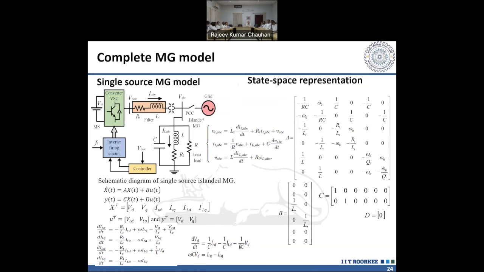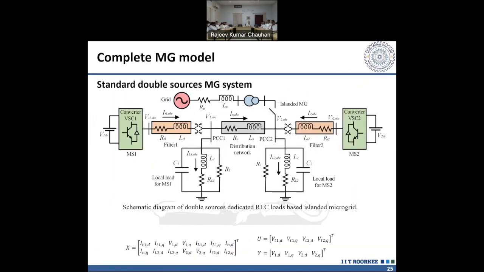The purpose here is, as we keep on integrating the devices, the order of the system keeps on increasing. A very simple 2-state model can come out to be up to 14-state. So once you are working with such a model, you have to work with very large state models.